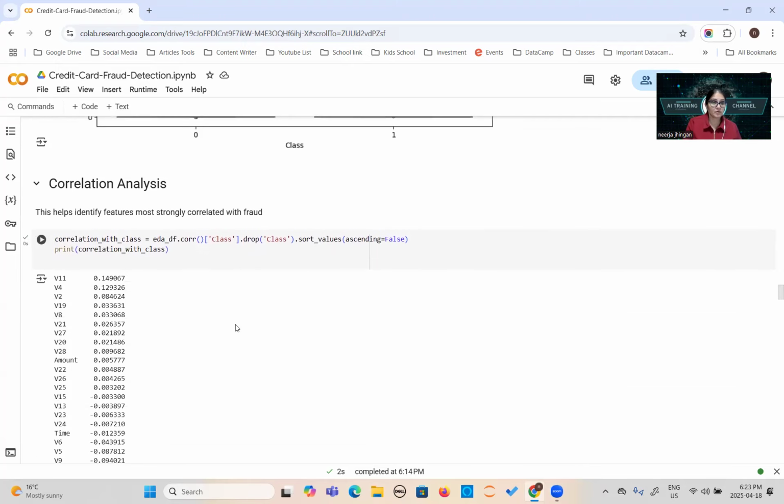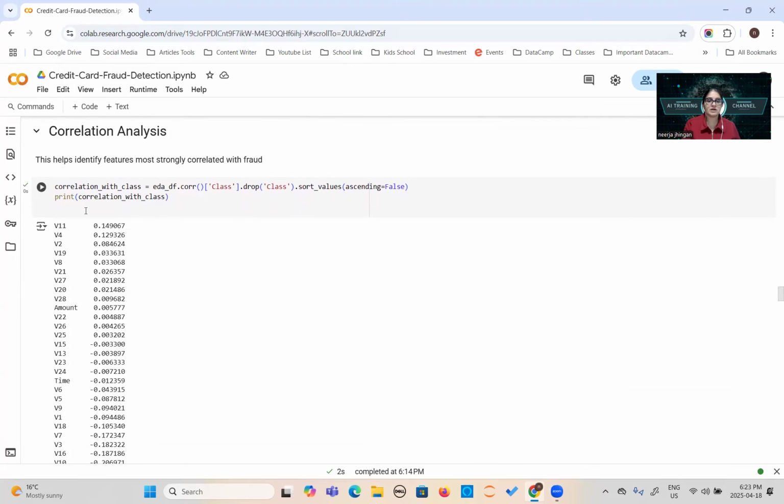Okay, correlation analysis. Earlier I showed you the heat map. You can also look at it based on the numbers too. So this will help identify the features most strongly correlated with fraud. We will drop the fraud class from here and show all features. Look at this, 14%, in ascending, descending form.